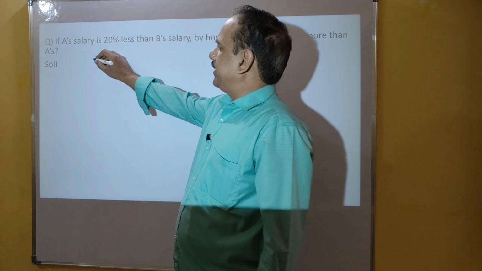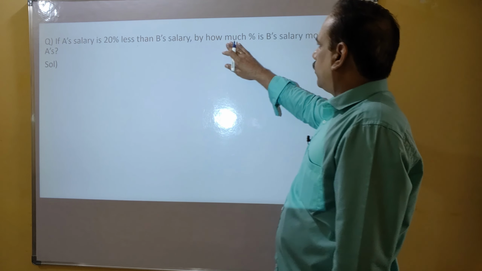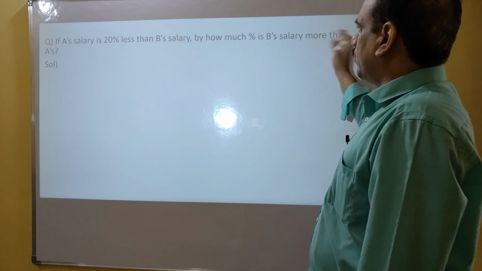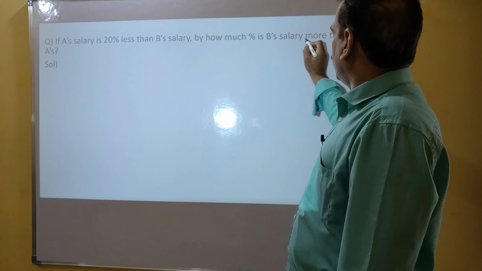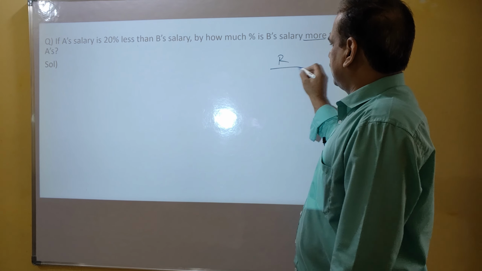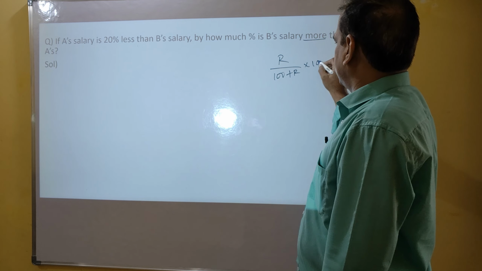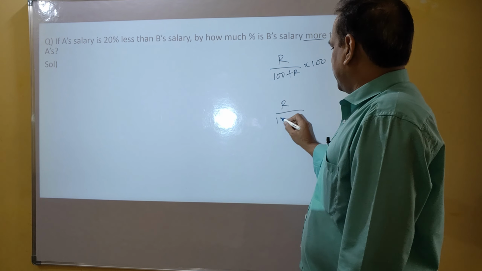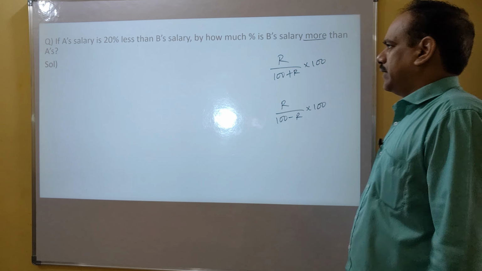If A's salary is 20% less than B's salary, by how much percent B's salary is more than A's? So in the question you need to find more. More means we have two formulas, 100 R by 100 plus R into 100, and R by 100 minus R into 100, right?